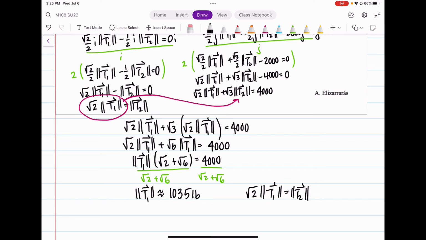And I'm going to substitute in that 1,035 pounds to get T2. 1,464 pounds is equal to the magnitude of T2.